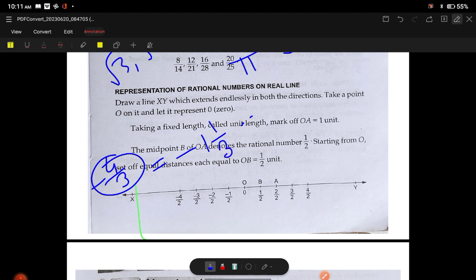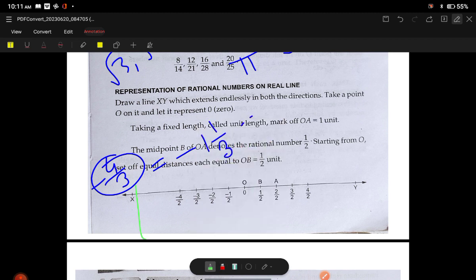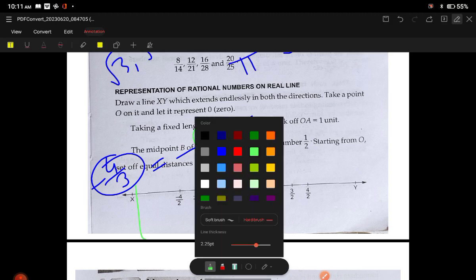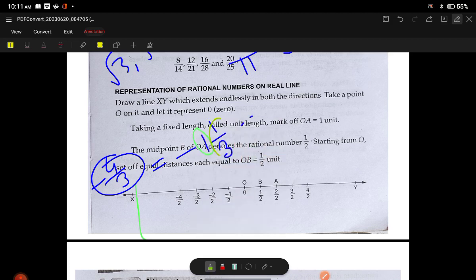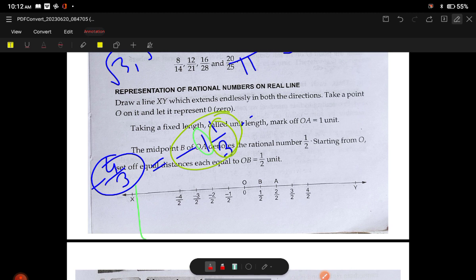Then you see the whole part is 1, and the fractional part is 1 by 3. So you have to think that this minus 1 whole 1 upon 3 lies between which two numbers.